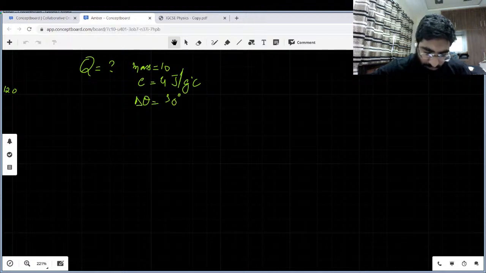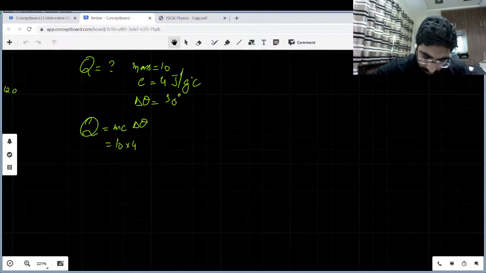Looking at the data, I can easily use the formula Q equals mc delta theta and get the answer. So 10 times 4 times 30.